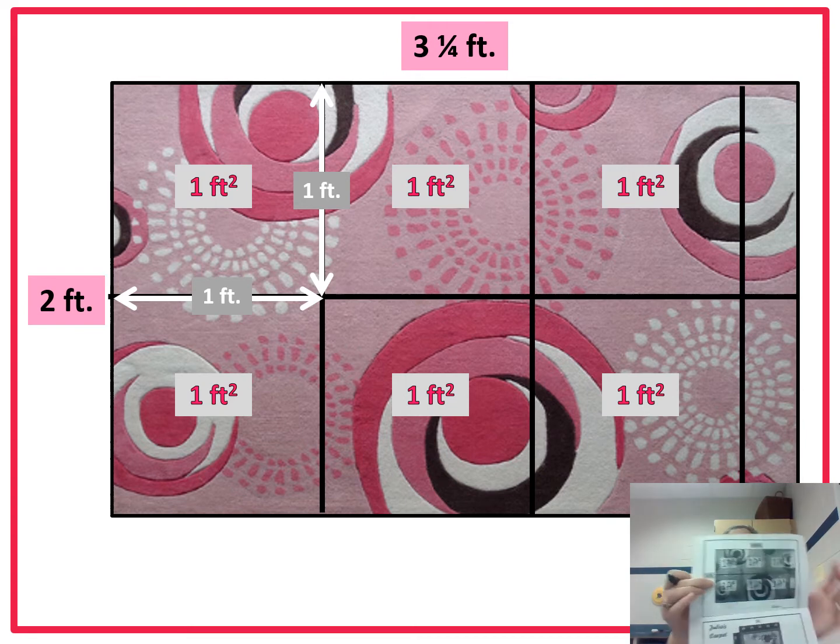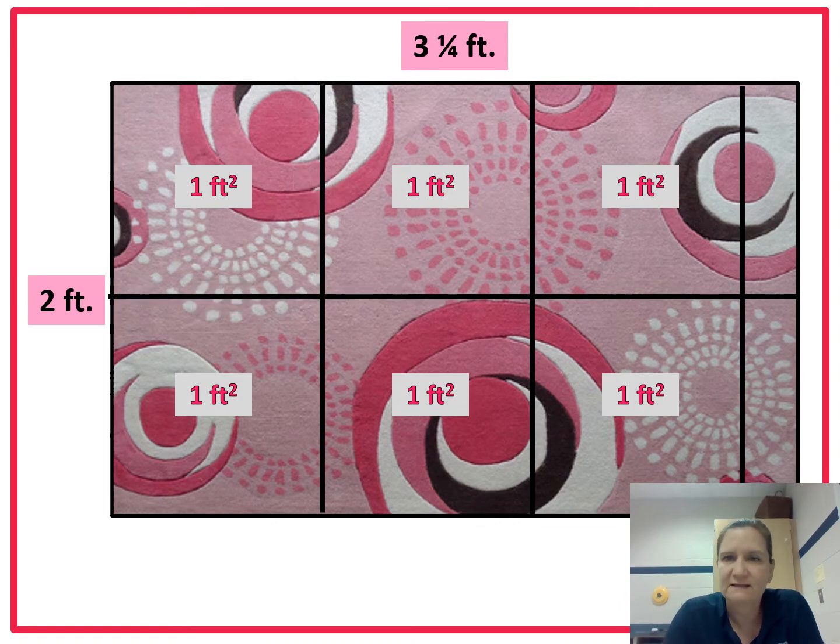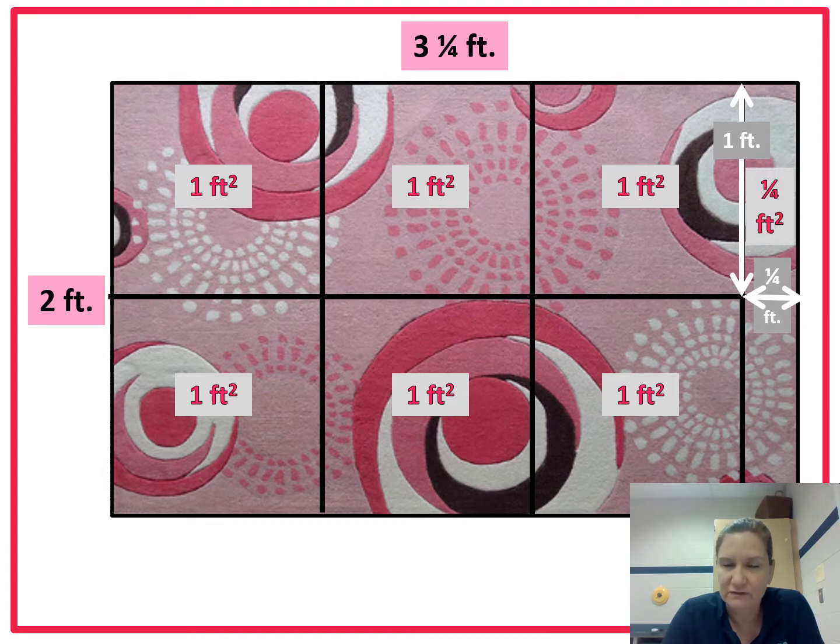Okay, so you have all that written. Now, what would these little sections be? They're not whole feet. They're 1 foot tall, but they're only 1/4 of a foot wide. So they would only be 1/4 of a foot squared. So you can write that down, 1/4 of a foot squared for each one of those.